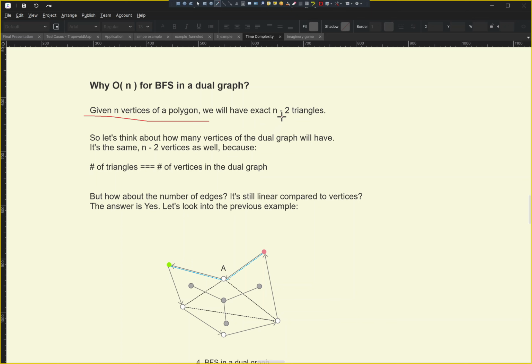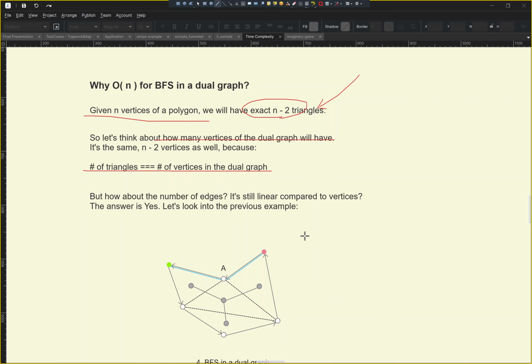Yes, we have exactly n minus 2 triangles, and we have this conclusion from class. With this information, let's consider how many vertices the dual graph will have after converting those triangles into a dual graph. The answer is very simple. The number of triangles equals the number of vertices in the dual graph.